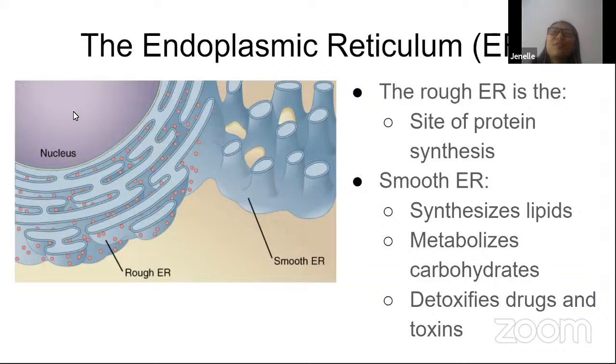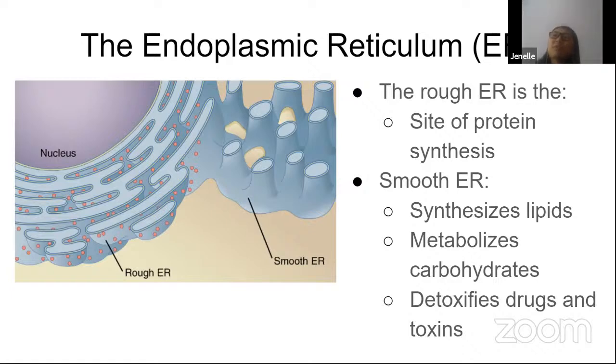Going on from the nucleus, as you can see in the picture on the left-hand side, from the nucleus it goes kind of directly to the endoplasmic reticulum. The endoplasmic reticulum is a very folded structure, but it consists of two parts: the rough endoplasmic reticulum and the smooth endoplasmic reticulum.